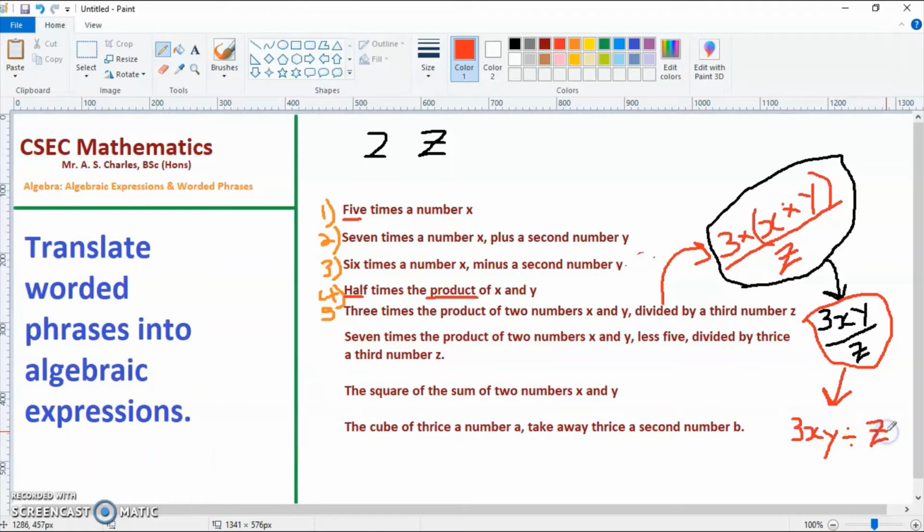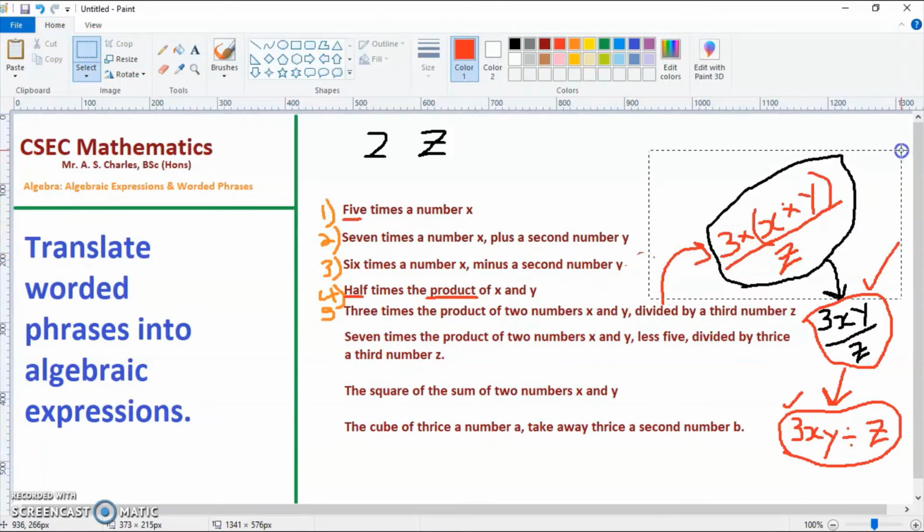So either one of those is your answer: 3 times the product of two numbers x and y divided by a third number z. Good. Now let me erase all this so I get the space.